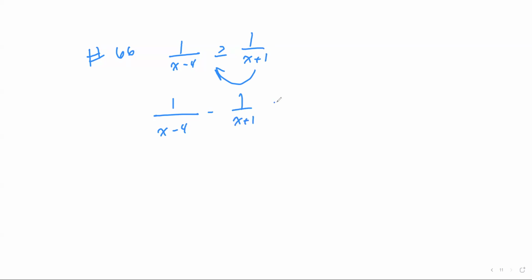So let's look at number 66. So we get 1 over x minus 4 is greater than or equal to 1 over x plus 1. Again, I'll move things from left to right. To work out things that aren't so easy because it has a 1, just take the denominator of this side and then take the denominator on this side.